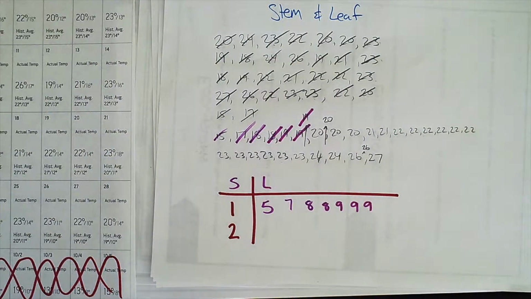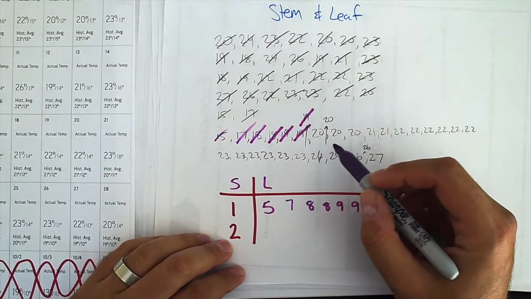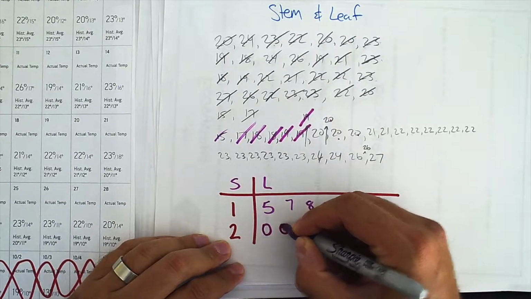And we follow the same pattern. We have how many numbers with 20? There's 1, 2, 3, 4. So we need 4 zeros here.